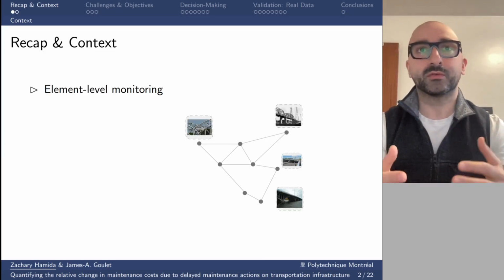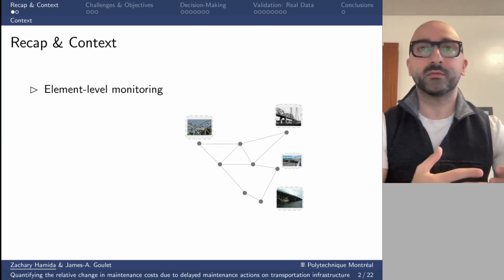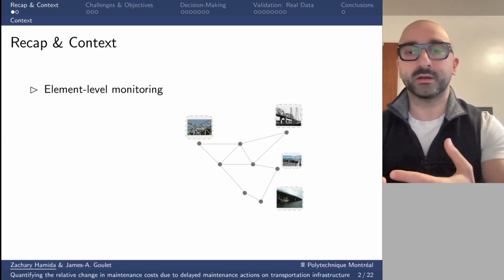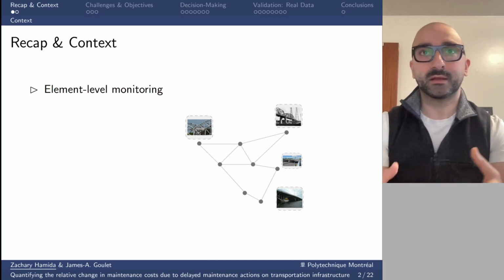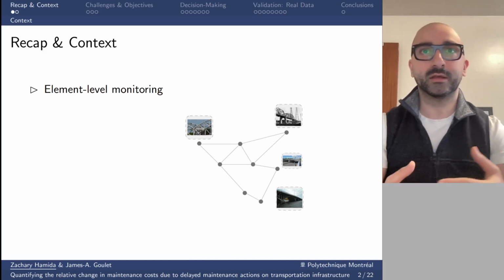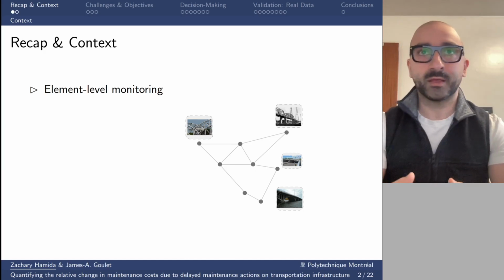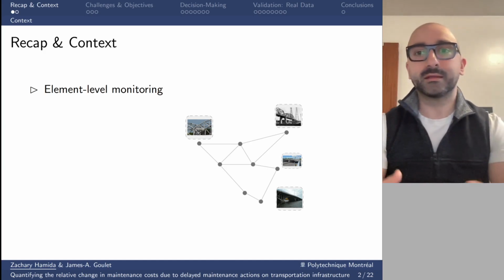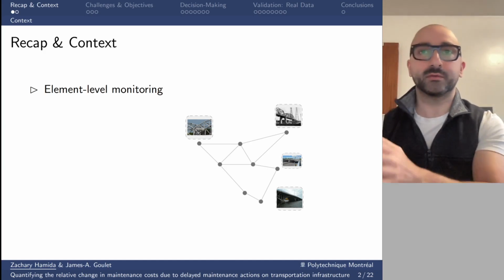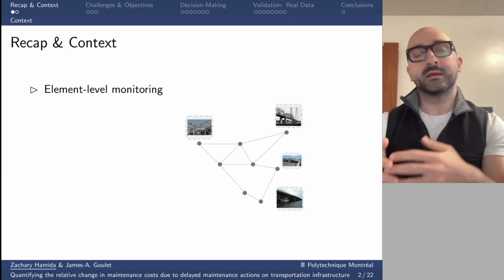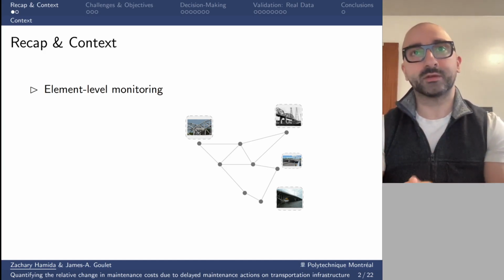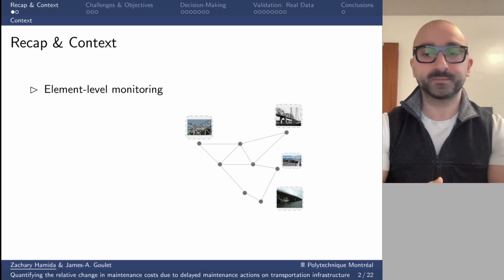In general, in order to have a decision-making framework, we need to perform structural health monitoring on the transportation infrastructure. And that in general is done using visual inspection data that is collected at the element level, where an inspector would go on site and would evaluate the health of the structural components of each bridge.